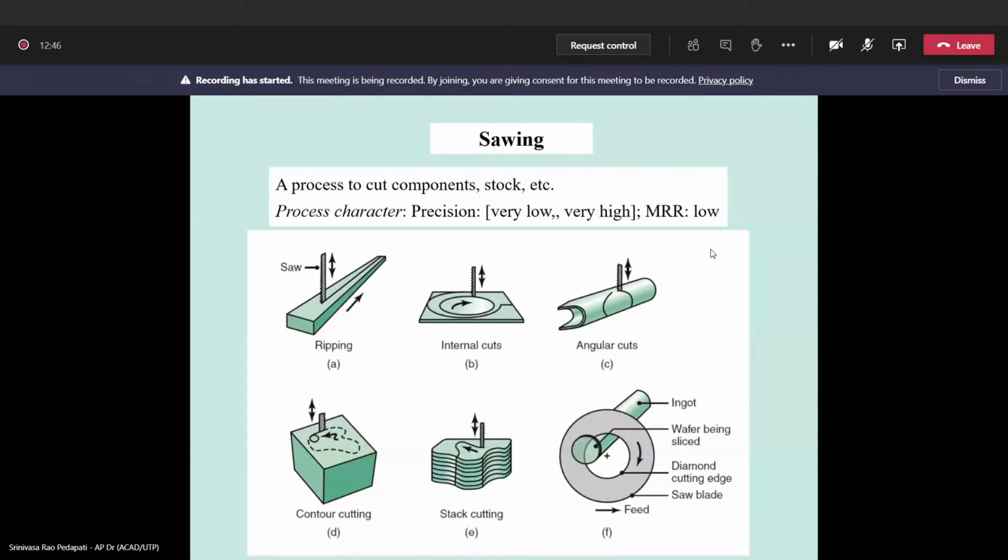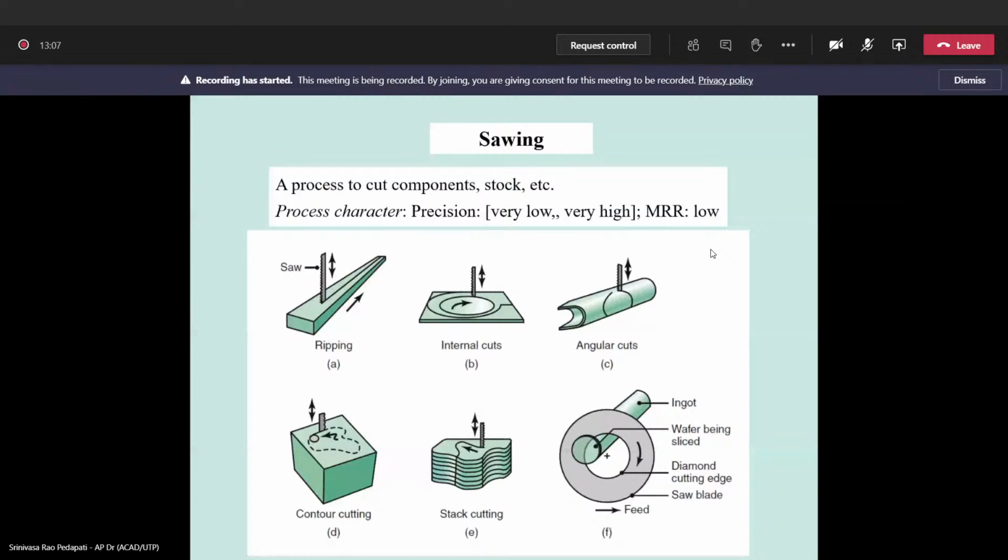Now finally we come to the last week, week number 12. In this week we try to complete other important machining. Of course, we are not covering everything on earth, but we are covering important machining operations that we come across in every manufacturing.